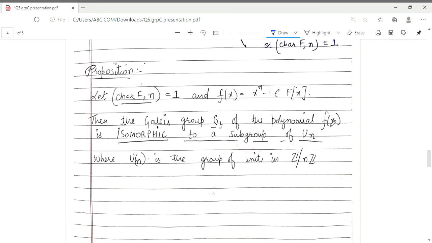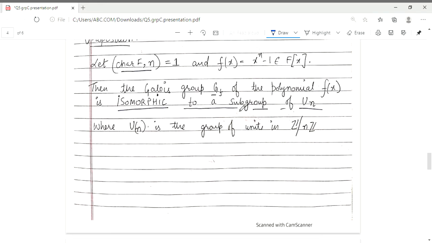Now we arrive at a proposition, and this proposition is what I have to prove for my question. Let characteristic F not divide n and f of x is x power n minus 1 belongs to F[x]. Then the Galois group GF of the polynomial f of x is isomorphic to a subgroup of Un.